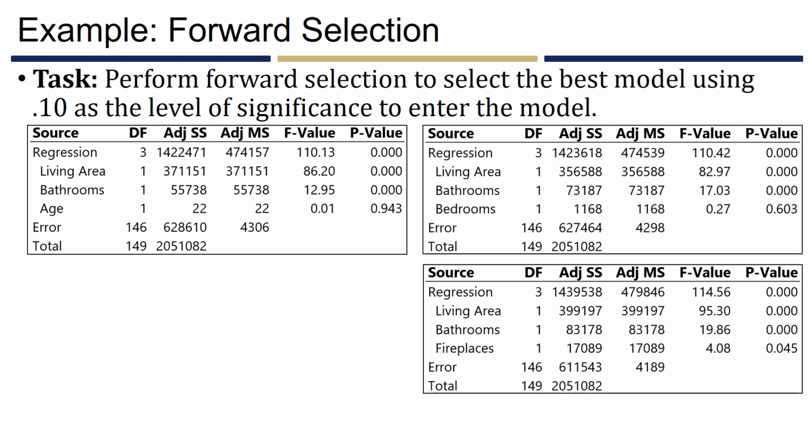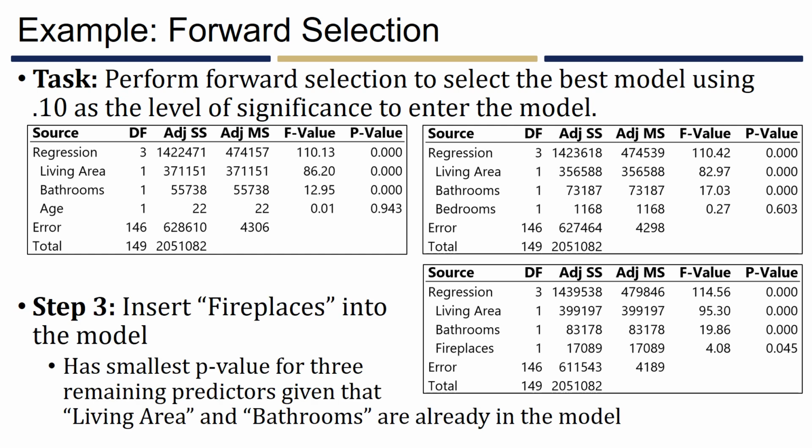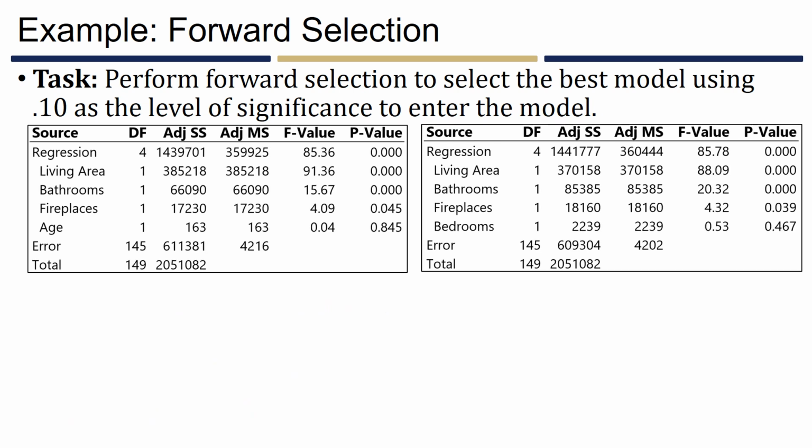This is the variable that we're going to consider for inclusion in the model. Looking at its p-value, we see that the p-value is less than 0.1, it's 0.045. So we're going to insert the number of fireplaces into the model because, again, it has the smallest p-value for the 3 remaining predictors, given that living area and bathrooms are already in the model, and that p-value is also less than 0.1.